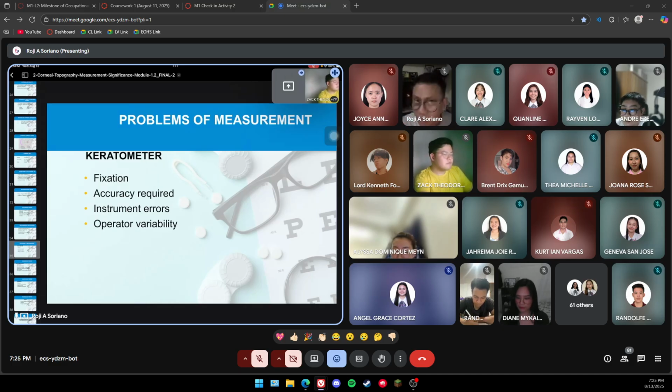From there: stop moving, just hold it, blink, blink, and then hold, don't move, let me capture, that's it. Because the usual problem is fixation, correct? As soon as the patient starts moving, you will have variation, correct?